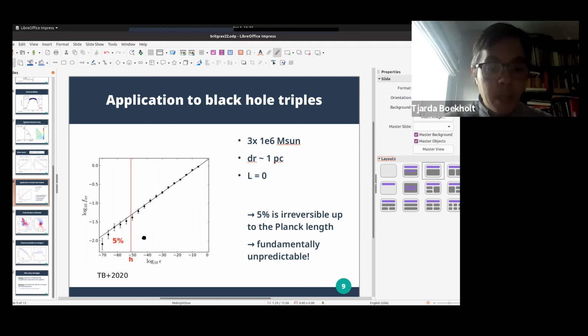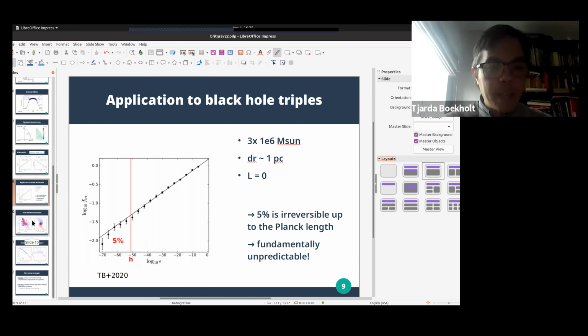We find that the Planck length would be about epsilon 10 to the minus 50 in my plot, which means that about 5% of my triple systems would require an accuracy smaller than the Planck length in order to go forwards and backwards again. In other words, this 5% of triple systems are fundamentally unpredictable.